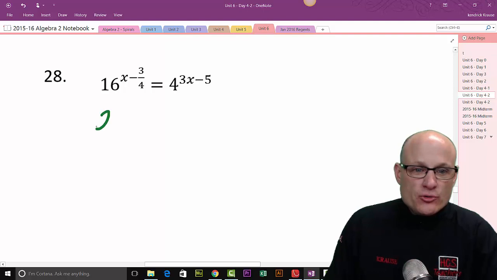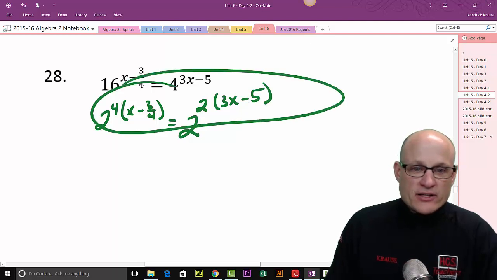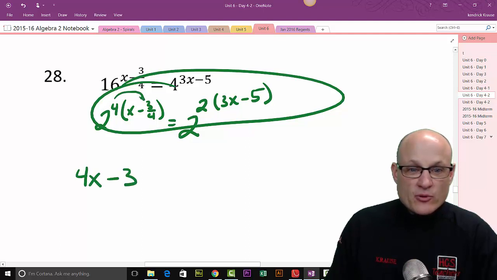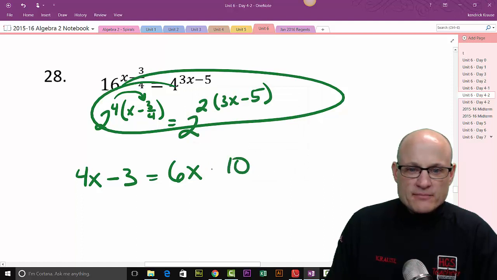So green. 2 to the 4th times x minus 3/4 equals 2 squared times 3x minus 5. Now I just set the exponents equal to each other. So 4x minus 3, because 4 times 3/4 is just 3, is equal to 6x minus 10.